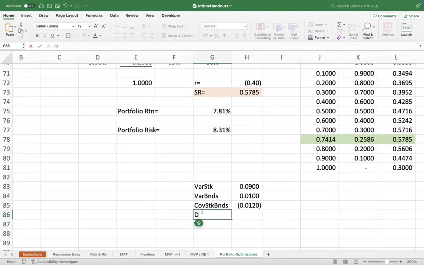We need the delta return for the bonds and delta return for the stocks. Delta is, remember, the excess return over and above risk-free rate.